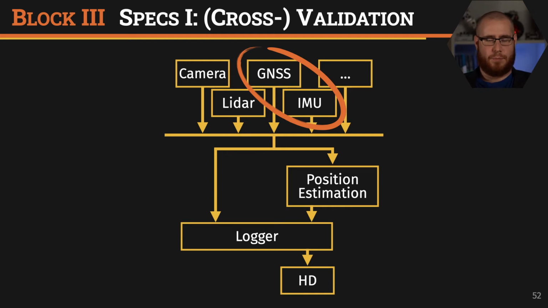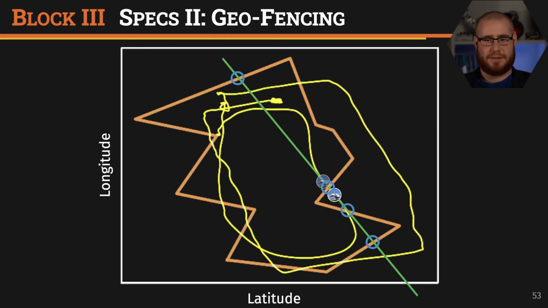And the more involved kind of specifications we had were geofencing. Geofencing means that you have a predetermined set area where your aircraft is allowed to fly, and you may not leave this area. What you can see on this picture here is the yellow part is the trajectory of the aircraft, and the orange lines are the geofence.